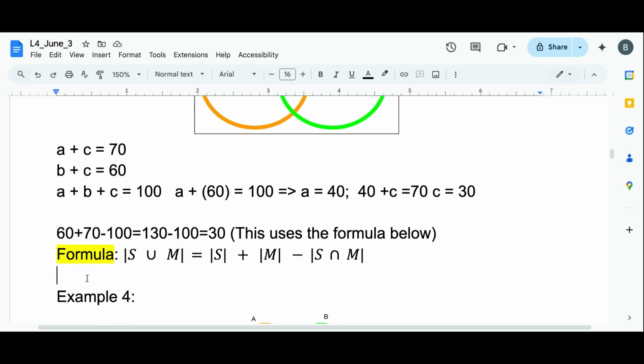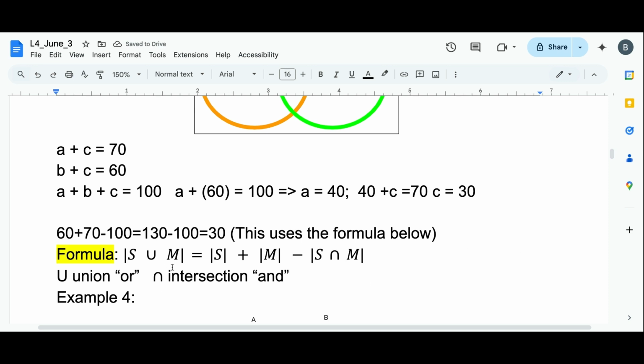So let me just put some notation in here. The U is the union, which is the or. And then the upside down U looking symbol is the intersection. That's the and, that's the overlap.